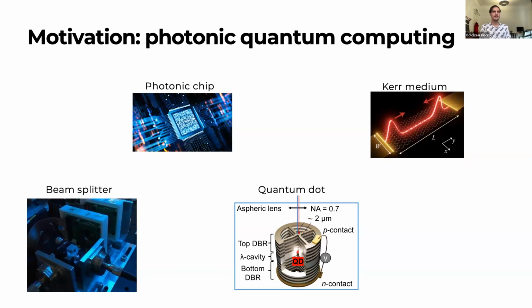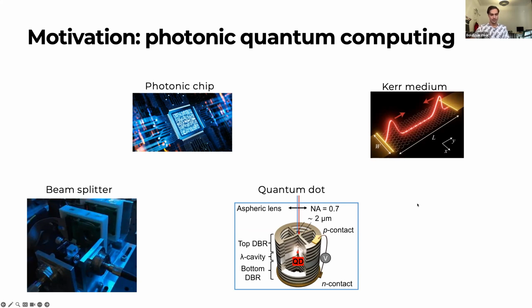Here we have a different kind of computation. Like in qubits, we have CNOT gates and phase gates. Here we have beam splitters, phase shifters, and other stuff like the Kerr medium. We also have this quantum dot to generate single photon sources.